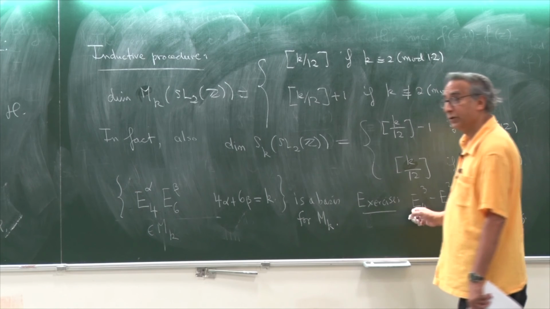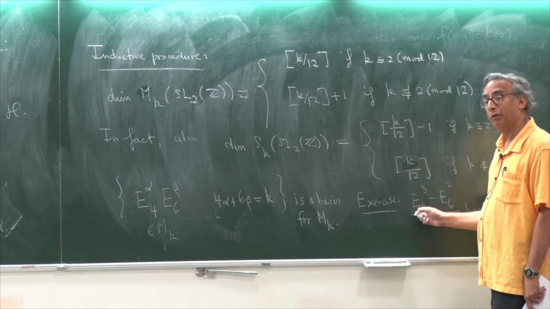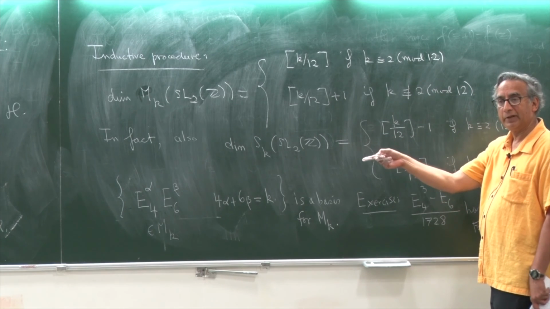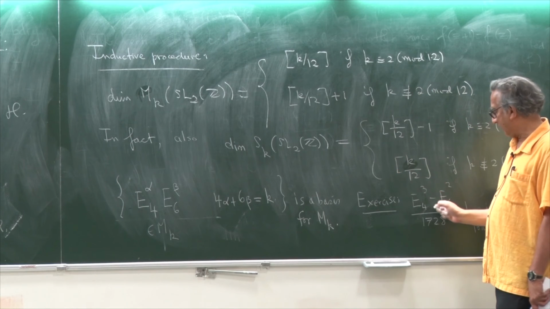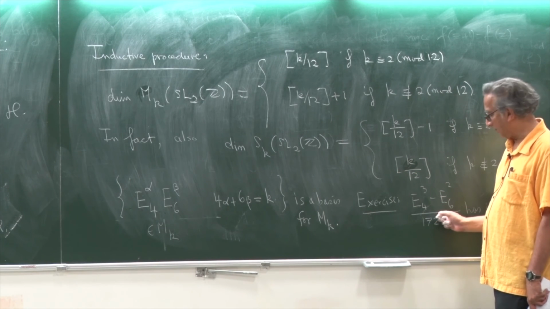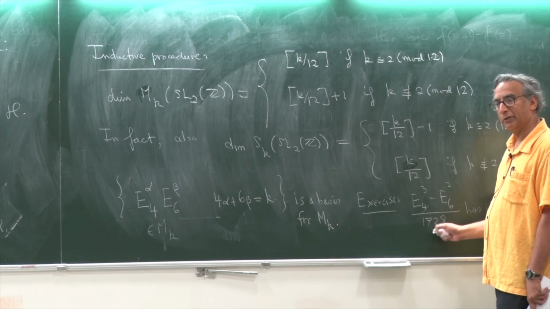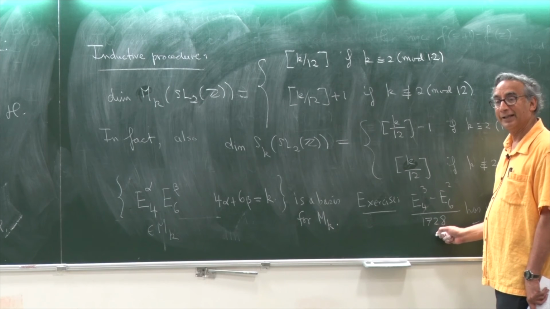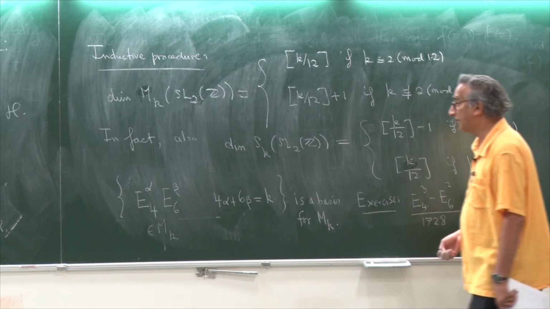And that requires you to actually look at these Fourier coefficients that I wrote down. I wrote down E4 very explicitly and E6 very explicitly. You have to now mess around with those coefficients and make sure that everybody is divisible by 1728. Okay, it's an interesting exercise in its own right.